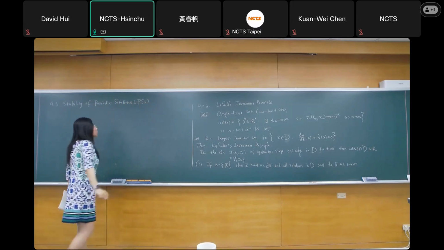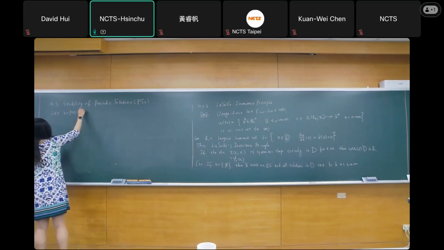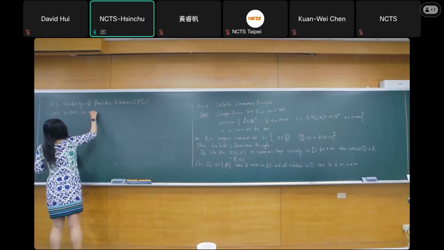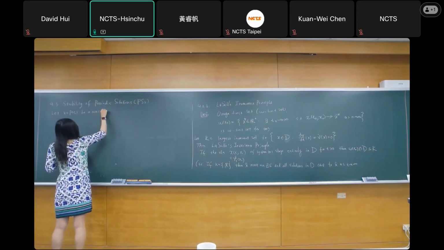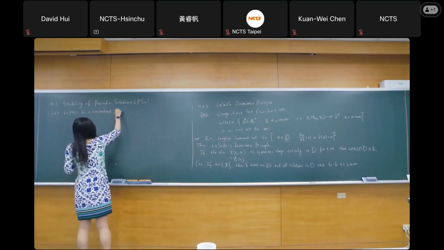For this, we will see something called Floquet theory. So let's say x equal to p of t. This is our periodic solution, a non-constant periodic solution.